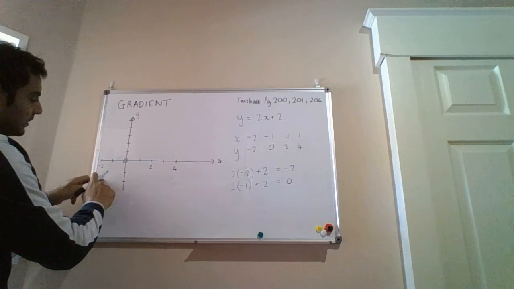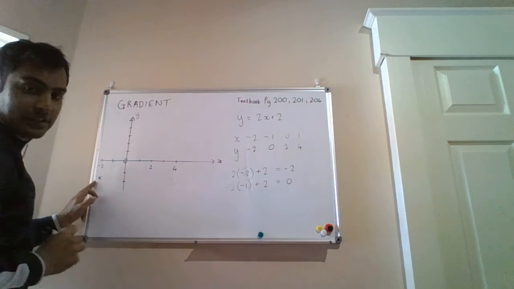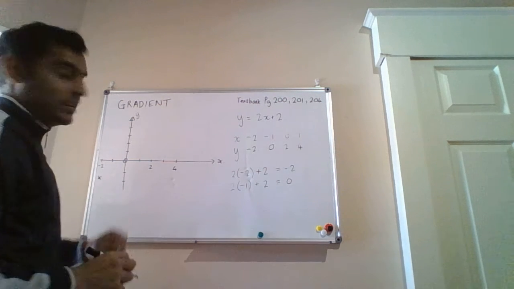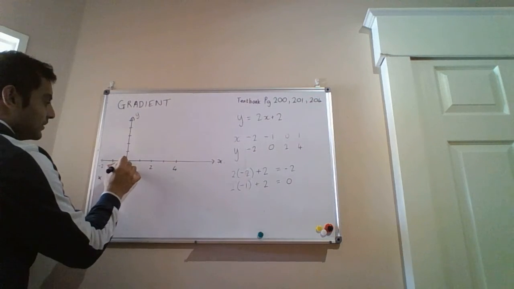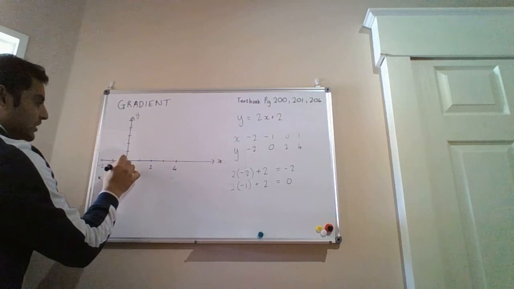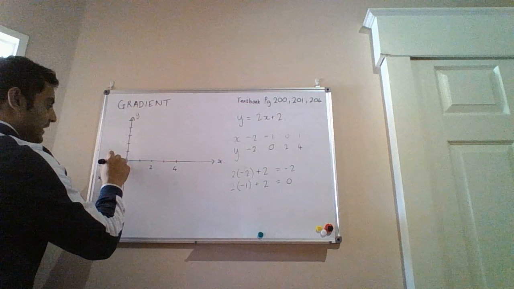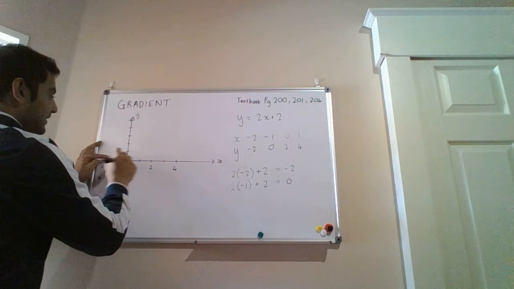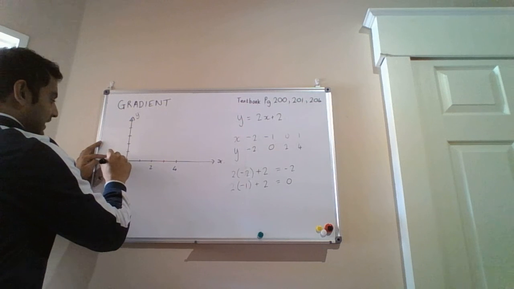So our point -2, -2 will be there. Next up, for x equals -1, we have a y value of 0. So this is our x-axis, our x value is -1 over there, and our y value is 0. So our y value is on this line.